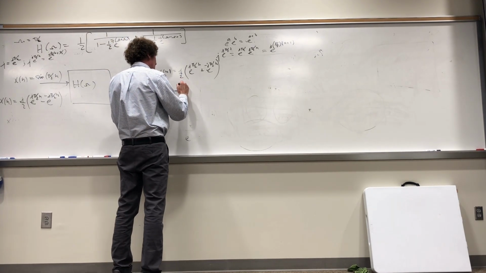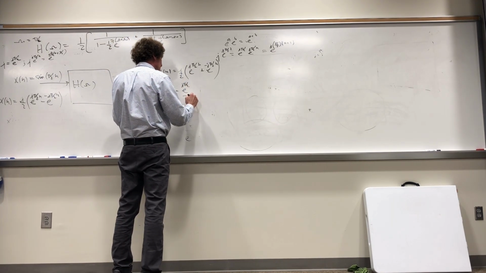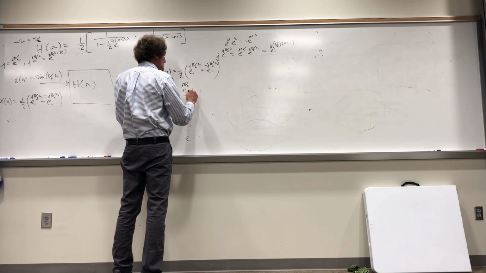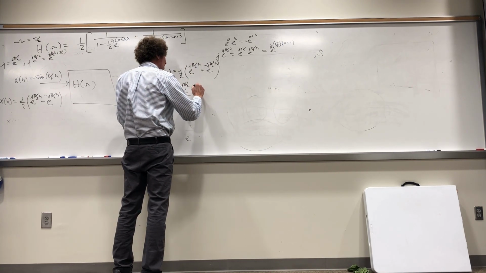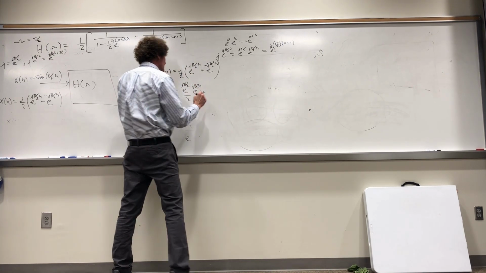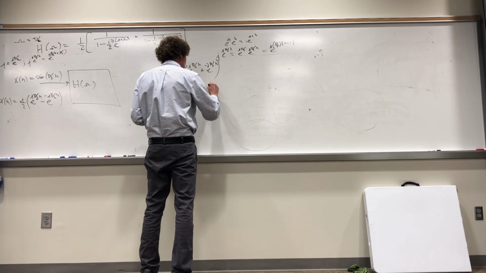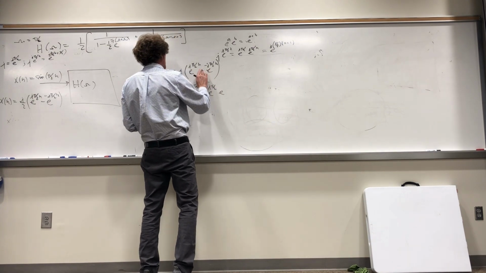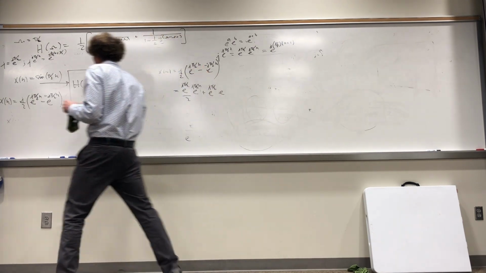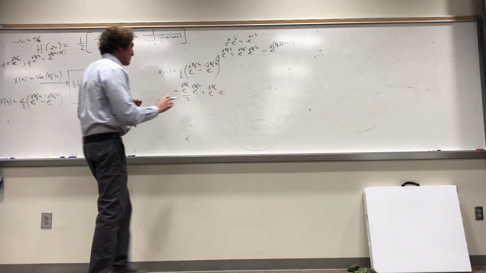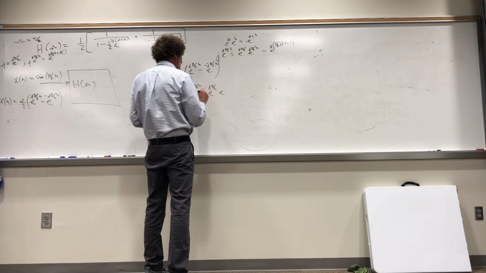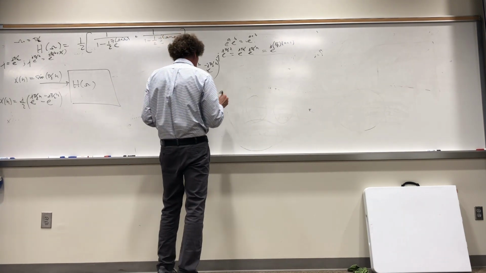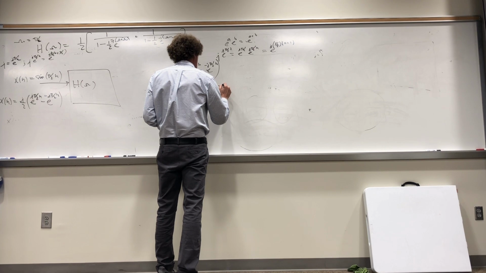That's e to the j pi over 2 times the first one, e to the j pi over 2n, plus e to the j pi over 2 times e to the, sorry, this is a minus. Somebody should have yelled at me right there. That's a minus, right? Minus e to the j pi over 2 times minus j pi over 2n, divided by 2.